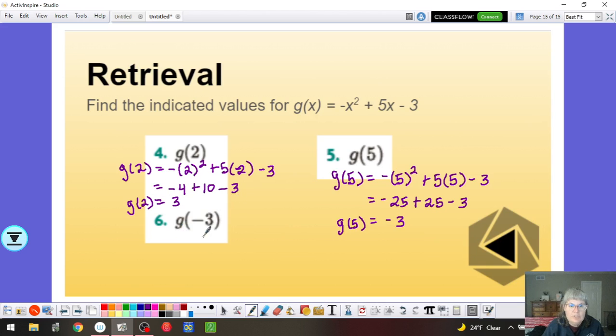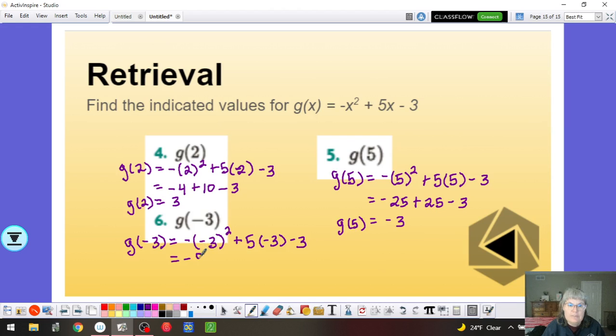And finally, g of negative 3. So this time I'm replacing all of my x values with a negative 3. So this time I am going to square a negative number, but it's still going to be negative in the end because of the negative sign in front. So we're going to have a negative.